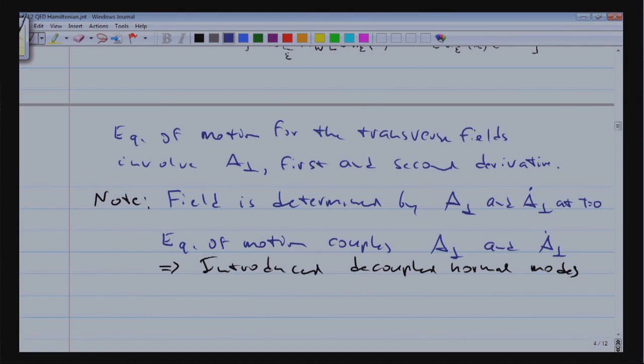And whenever in classical physics we have normal modes, means their time dependence is e to the i omega t, then we have distilled the problem of coupled components to decoupled harmonic oscillators. So at this point, each mode acts as an independent harmonic oscillator.